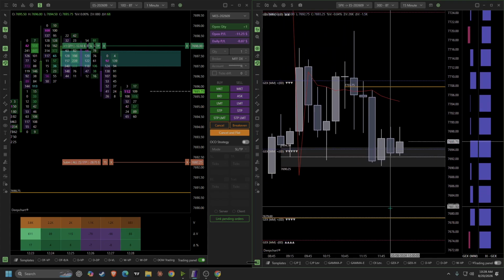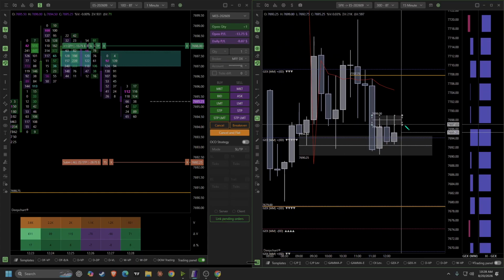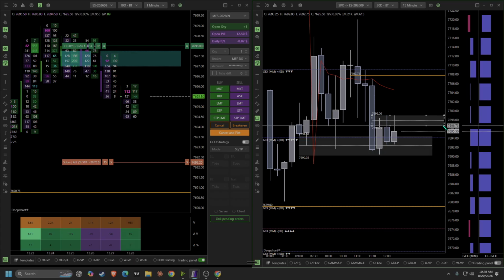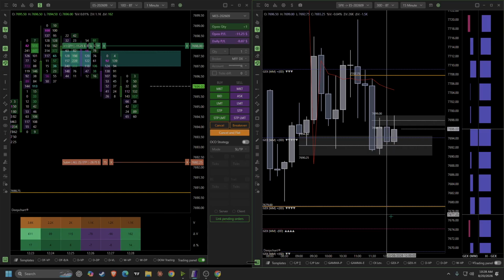And again, this is a 15-minute chart. So we have strong resistance for the last 45 minutes in this area right here. So which side will win? We do not know.